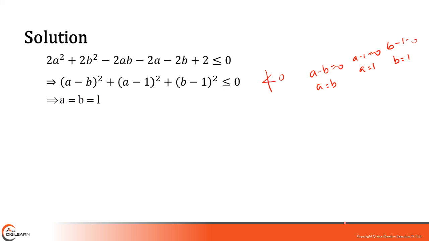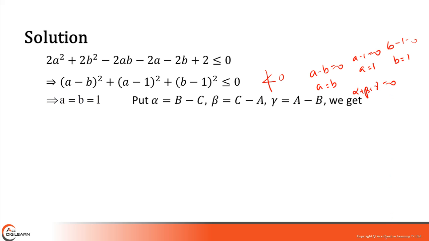So we get a equals b equals 1. And given one more relation, alpha plus beta plus gamma is equal to 0, let us assume alpha be b minus c and beta be c minus a and gamma be a minus b whose sum is 0 as per the given condition.